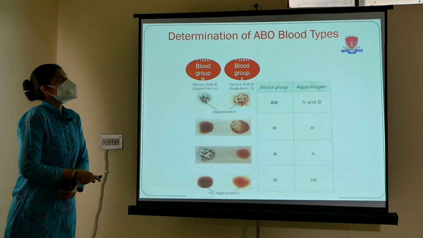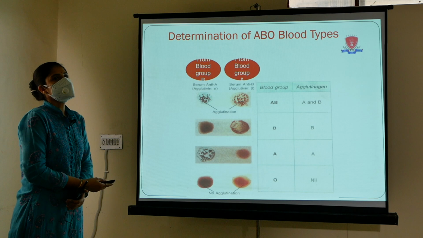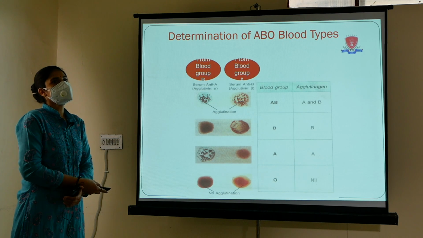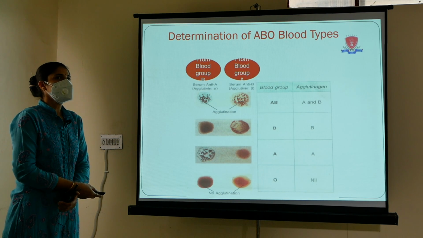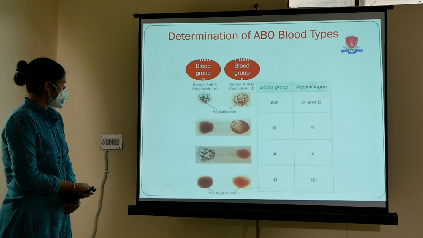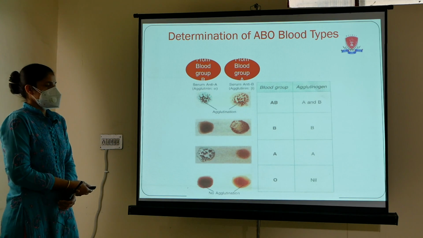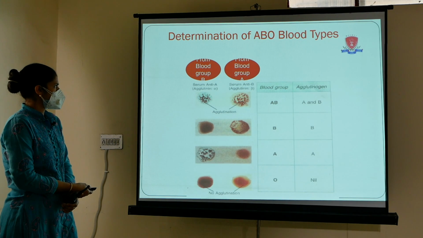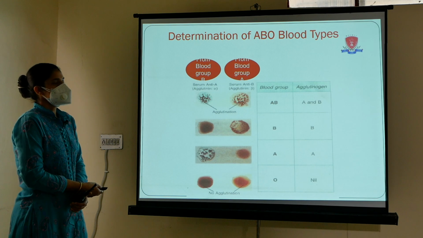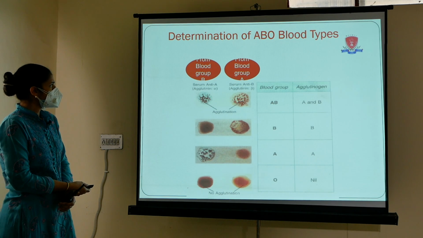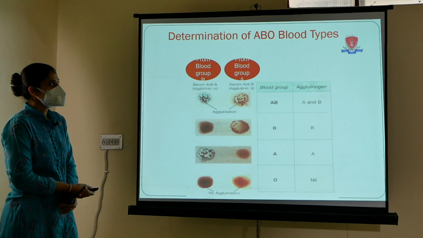Determination of ABO blood group type. As we know, the blood group can be determined by the presence of antigens on the RBC cell membrane. So if the blood drops of an individual are mixed with synthetic serum, then we can determine the blood group.